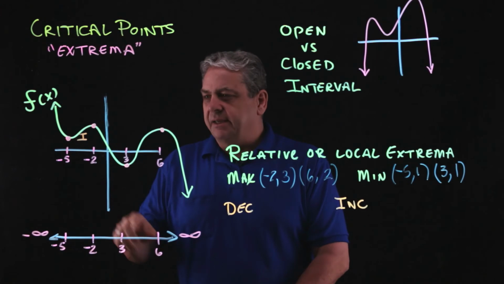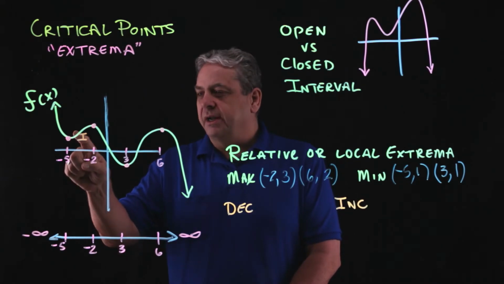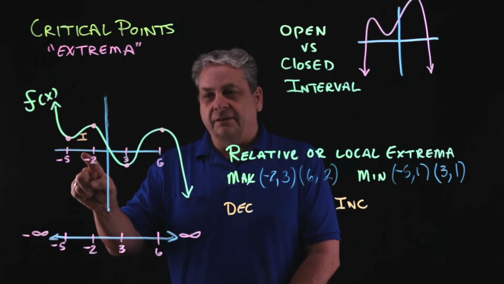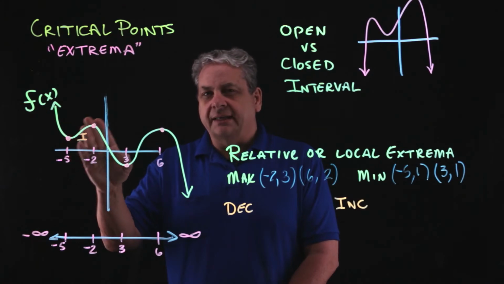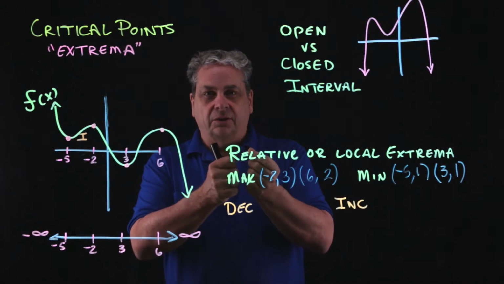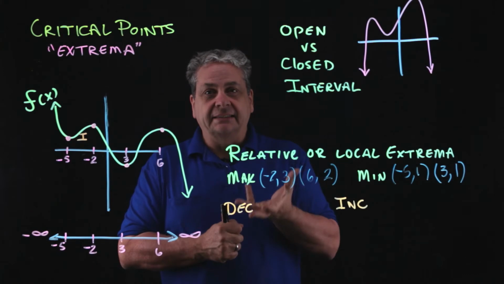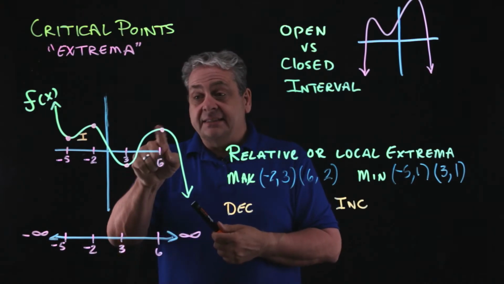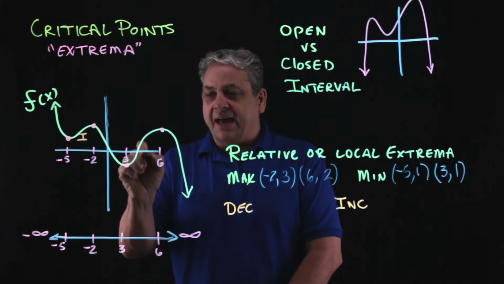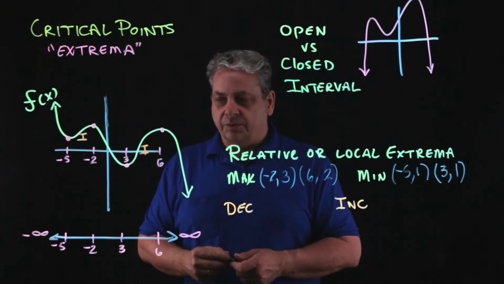If I have f of x evaluated at -4 and it's this value, and then I look at f of x when x is -3 and it's a higher value, I can tell by that data f of x at -4 is a lower number than f of x at -3. It means as I'm going left to right, it's increasing. I could see that same data over here if I evaluated my function at different values along my graph. So we know this is increasing over here as well.